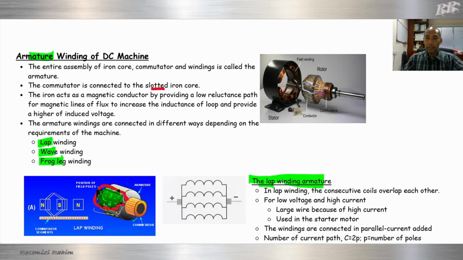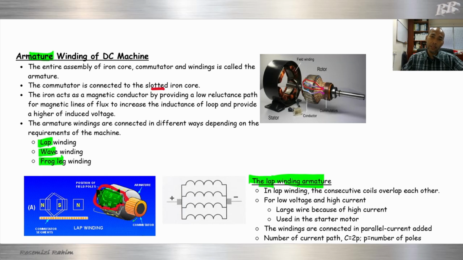We can see there are two poles here, first pole and second pole. The second coil starts from here, continues here, and goes back here.